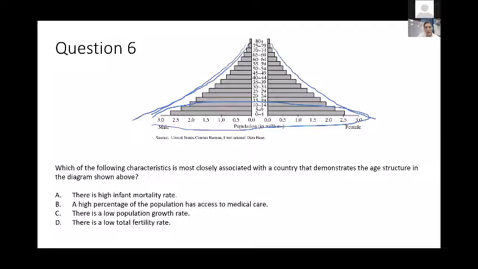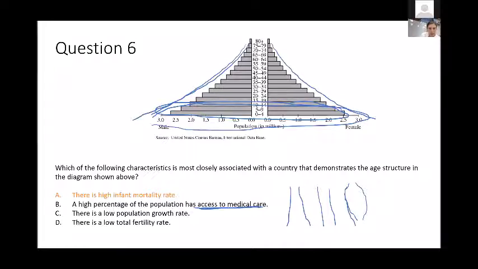And if it's occurring here at this level, it's because there is a high infant mortality rate. So if the population has access to medical care, that actually causes the pyramid to do this, either be slow growth or no growth, or even to decline in growth and have that bulge in the middle. If there's low population growth rate, again, that's going to be these. And if there's low total fertility rate, that's also going to be those slow, no growth or zero or negative growth pyramids.